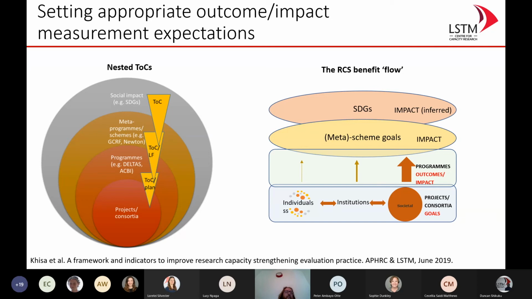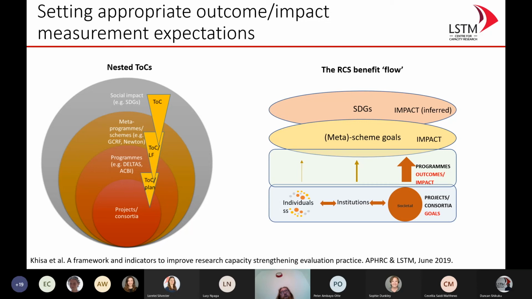And the logic here is that any M&E model that you present within the context of a specific project should fit into a broader program theory of change, or M&E plan, which in turn should fit into a meta program scheme, which in turn should fit into a broader societal scheme.